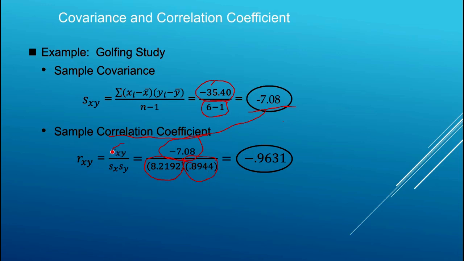Plugging these into the formula, the value for the correlation coefficient shows a very strong relationship between driving distance and golf score. Minus 0.96 is very close to -1. That's a very, very strong relationship between driving distance and an improved, or lower, golf score.